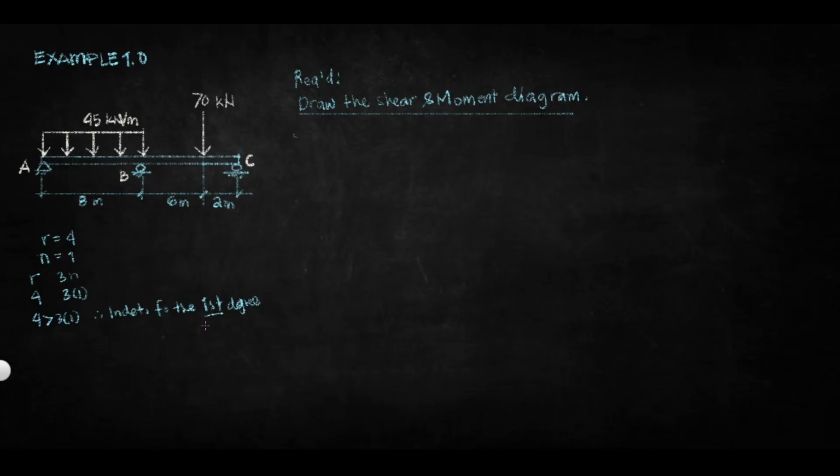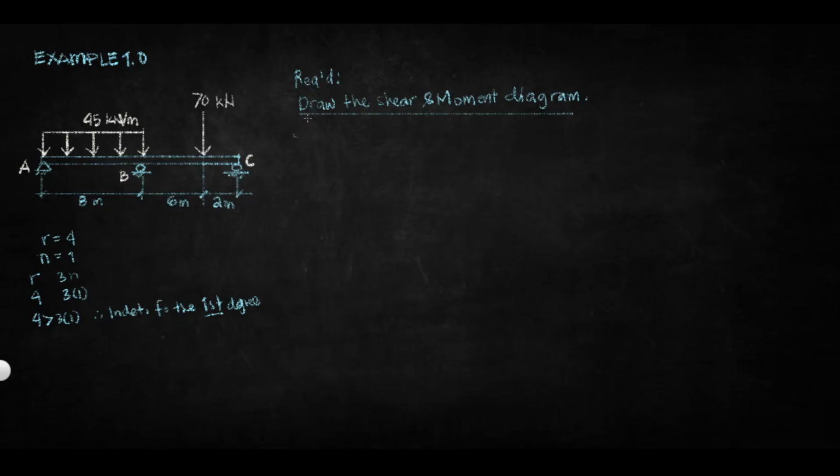Kasi yan yung number ng unknown or yung redundant na sinasabi natin. Okay, kung ilan po yung redundant, yun po yung magiging number of equation natin. Pag dalawa yung redundant o yung degree of indeterminacy, dalawa po yung magiging equation natin. Okay? So, let's solve this.